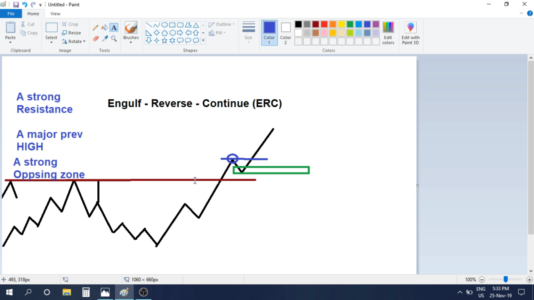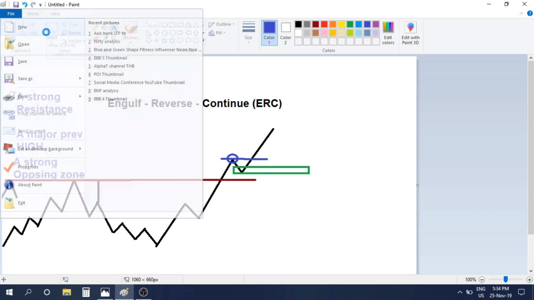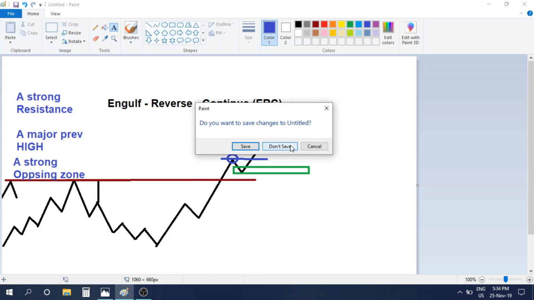And that supply zone was basically taken out or engulfed or destroyed and created a new ERC zone. And this type is very common actually. And it works well if the original zone was really good. So to give you an example of that, let me just clean up the sheet. Let me give you an example of that.